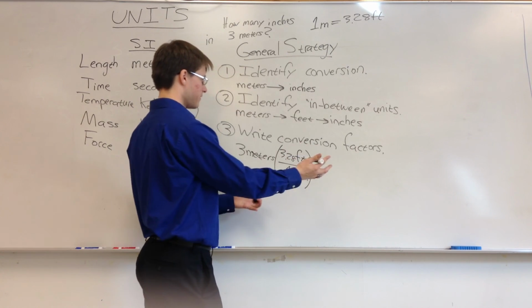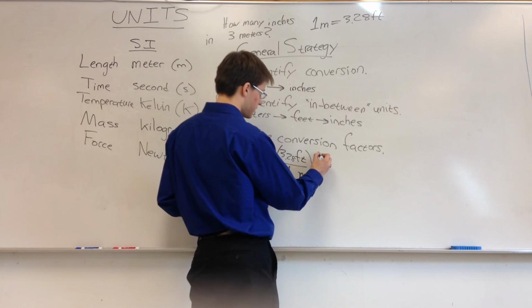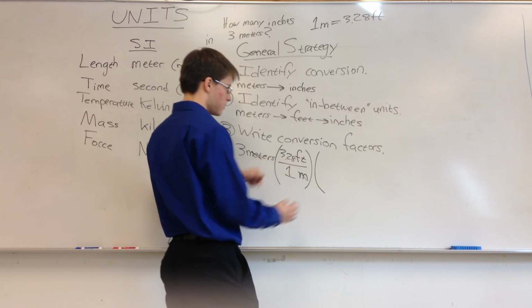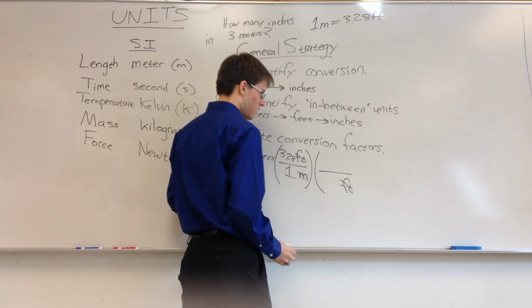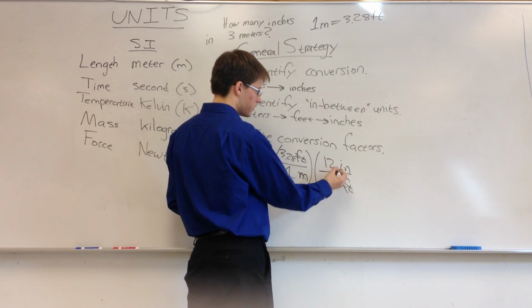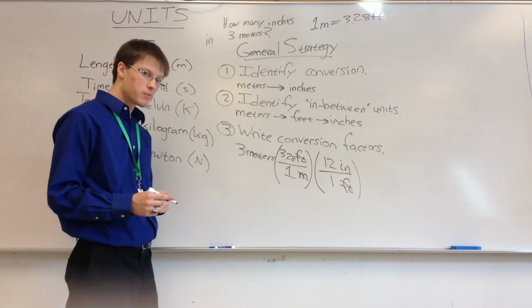So that's great. Now we have an answer in feet. But we're not done because we need to get to inches. So now we're going to put feet on the bottom to cancel out the feet on top, and then we're going to put inches on top because that's what we actually want. And there are 12 inches in 1 foot. That's the brunt of the problem.